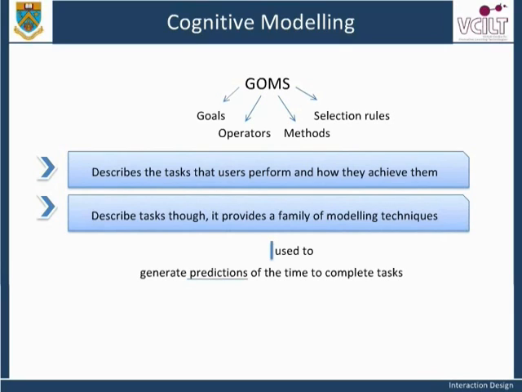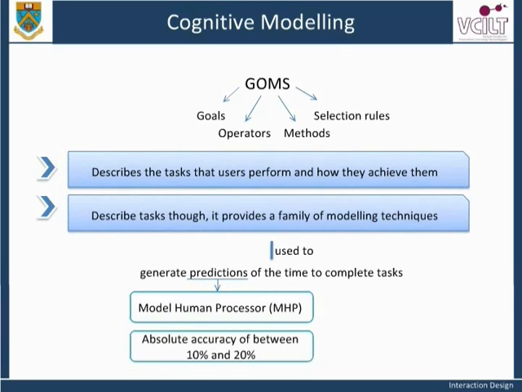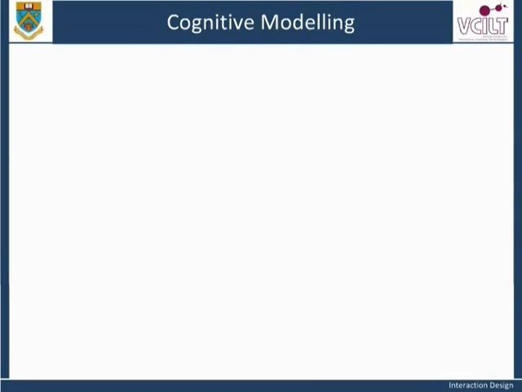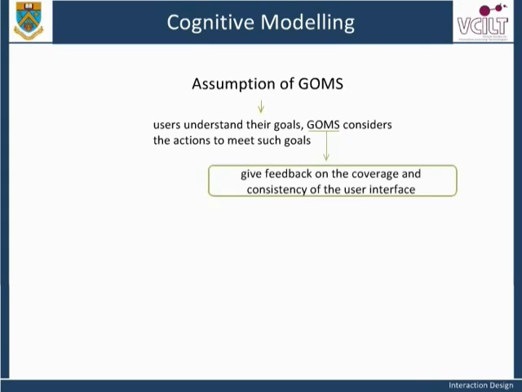These predictions are based on a simple model of cognition called the Model Human Processor, MHP, and have an absolute accuracy of between 10% and 20%. The basic assumption of GOMS is evident in its name, that users understand their goals. GOMS considers the actions to meet such goals. Having made this assumption, GOMS can give us feedback on the coverage and consistency of the user interface.